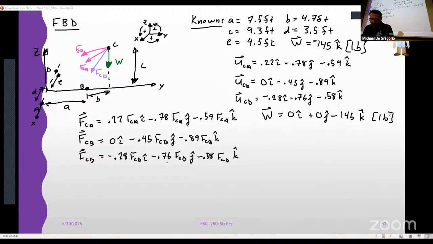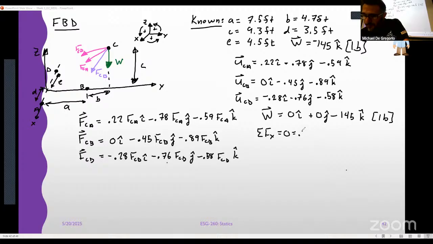Fantastic. How many unknowns do I have? Well, I have 3 unknowns, so I need to use 3 equations to find them. It seems to me that the easiest equations to use would be the sum of the forces in X, Y, and Z. So let's start there. If I take the sum of the forces in the X direction, I'm going to take all of my I components and put them together, right?